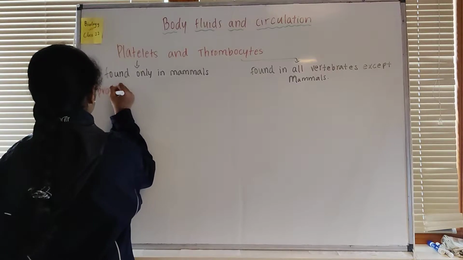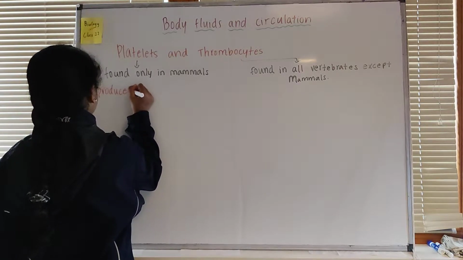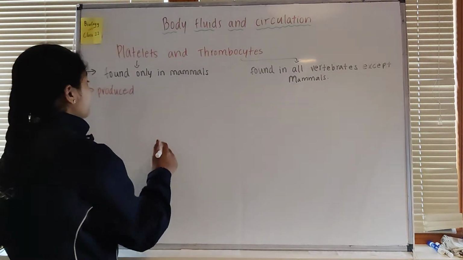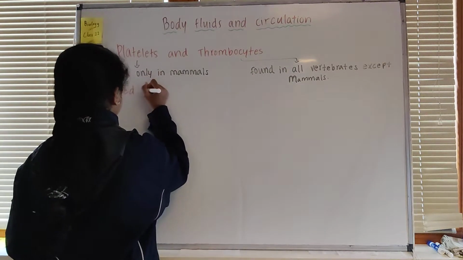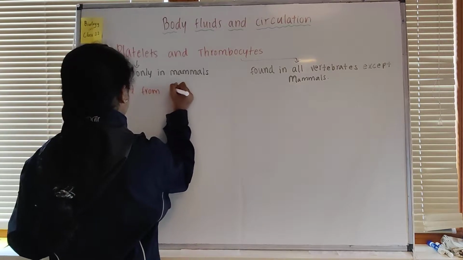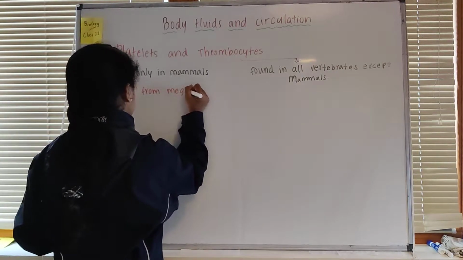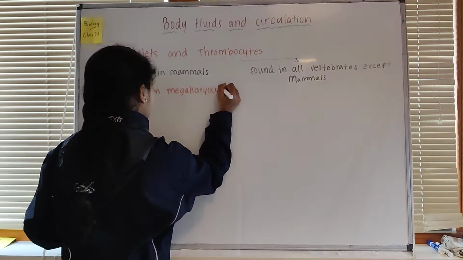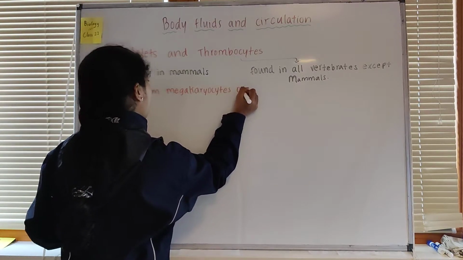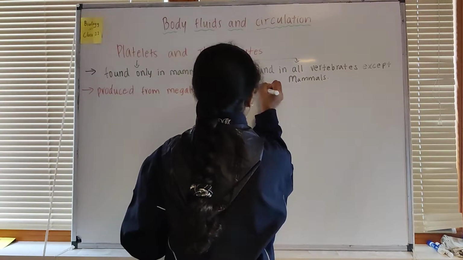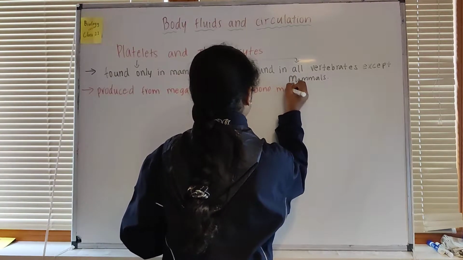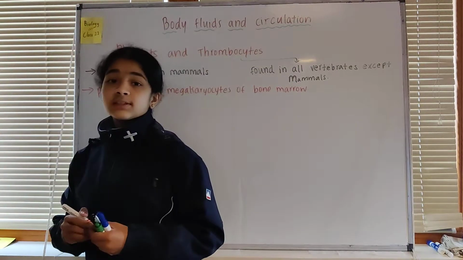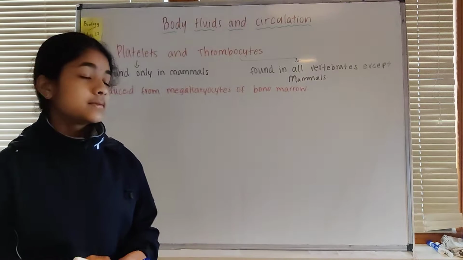They are formed in the bone marrow like all the other formed elements, but to be very specific, they are produced from the megakaryocytes of the red bone marrow. So this is the formation of platelets.